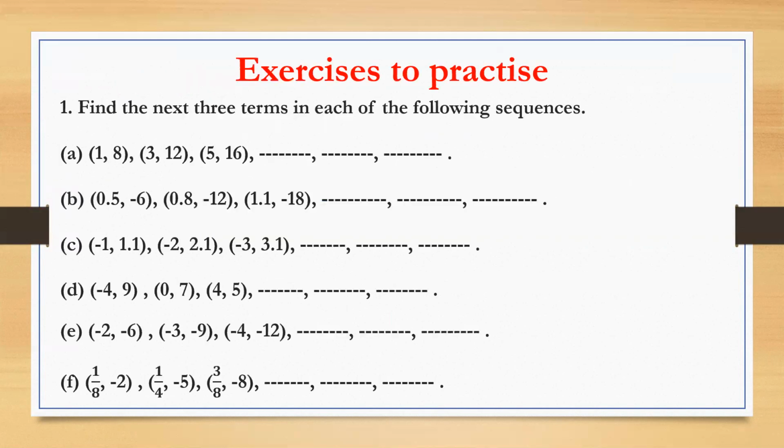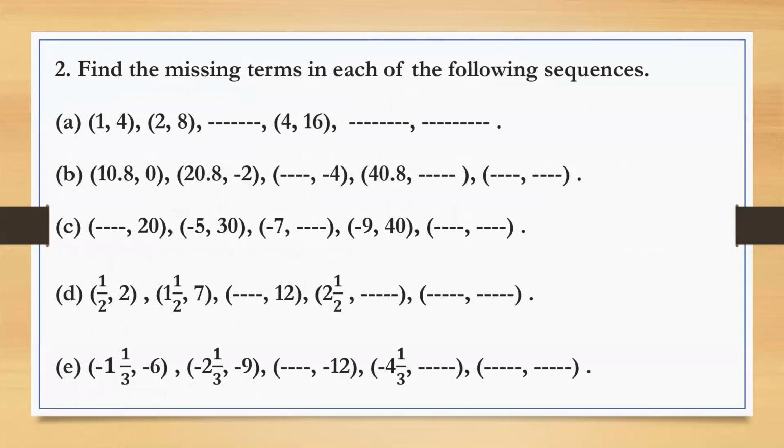So now you have some questions to practice on what we have just learned. The first question: find the next 3 terms in each of the following sequences. Number 2: find the missing terms in each of the following sequences.